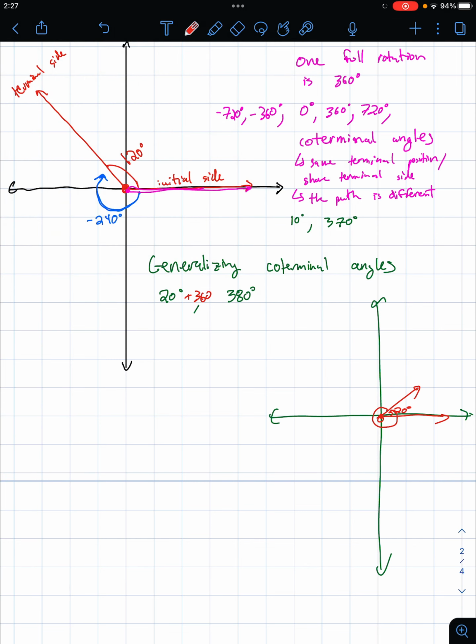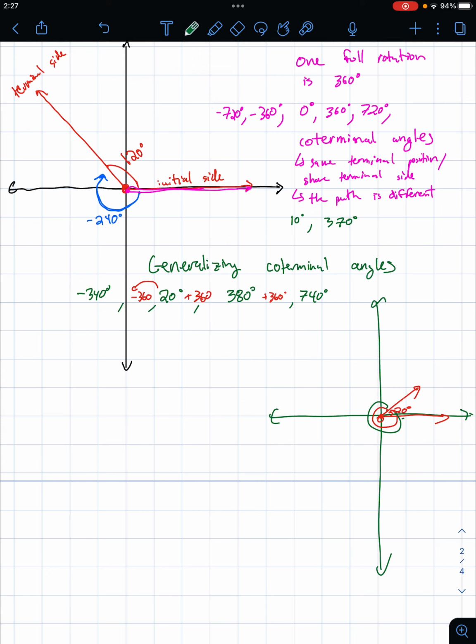Then if I want to go another 360 degrees, another full rotation, I'm going to get to the same spot. I can go around again. So 380 plus 360 would be 740. And I could keep doing this process, or I could go in the other direction and subtract 360. Then I would end up at negative 340 degrees.